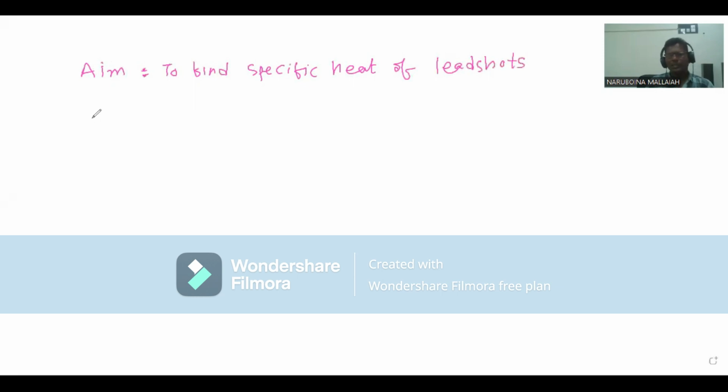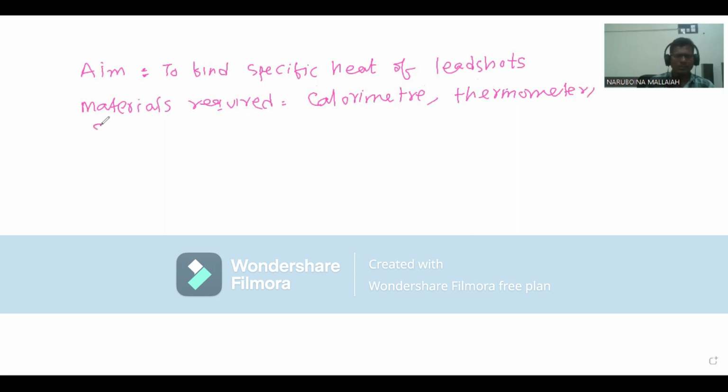So to do this experiment, the materials required: calorimeter, thermometer, stirrer, steam heater, and water. So here, the procedure.